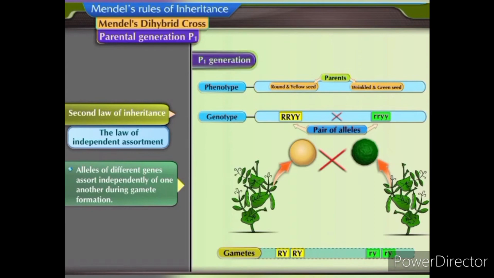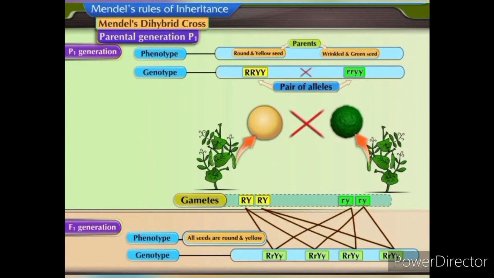Thus, in P1 generation, a parent R R Y Y produces gametes R Y, and parent r r y y produces gametes r y. Let us study the result of this cross in the next generation, that is, the first filial generation F1 generation.